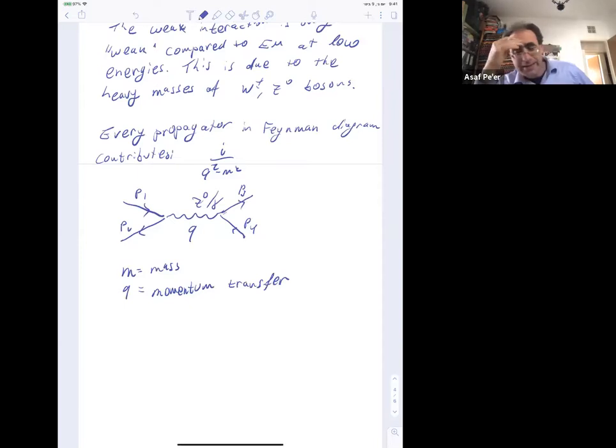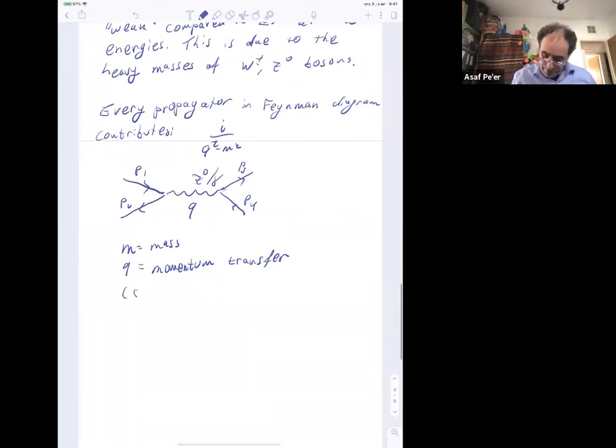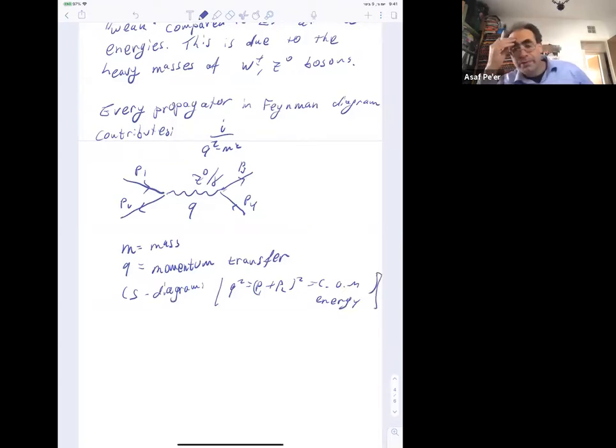If we had an S diagram, then Q is P1 plus P2, the center of mass energy, meaning that Q squared is (P1 plus P2) squared, the center of mass energy squared. I'm not telling you any news.